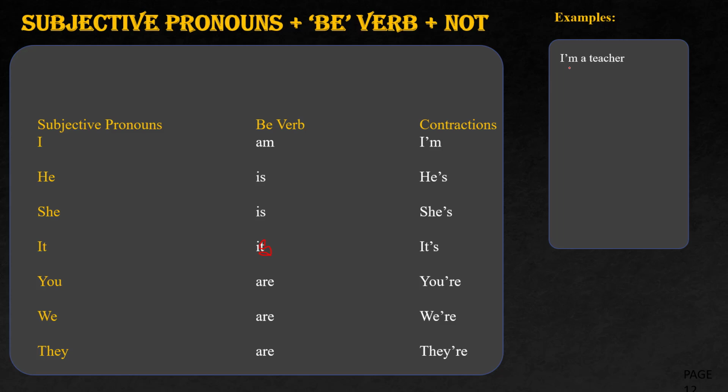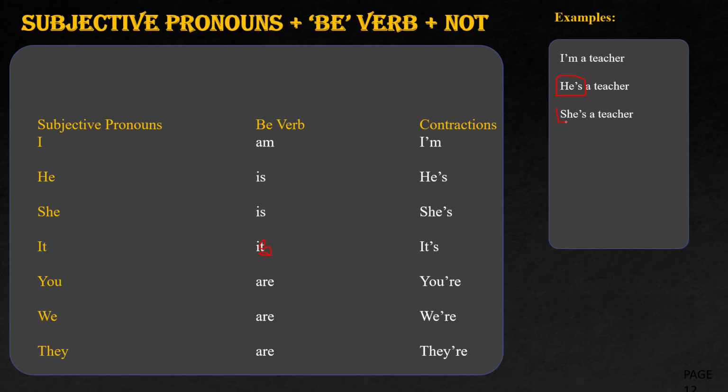The first one, in a simple form, is I am a teacher. Now it becomes I'm a teacher, right? He is a teacher. You make this as a single word: he's a teacher.